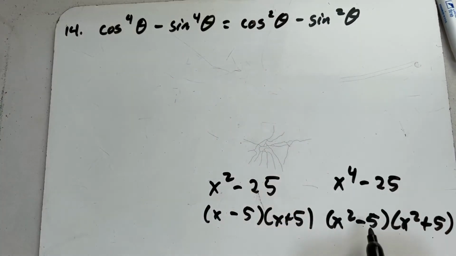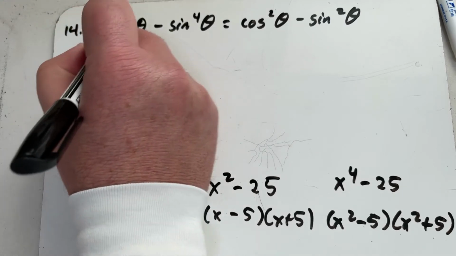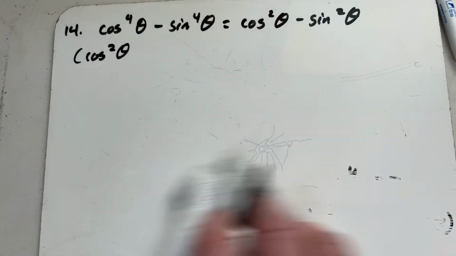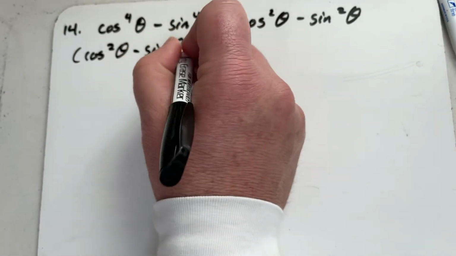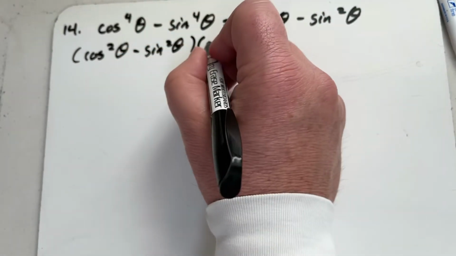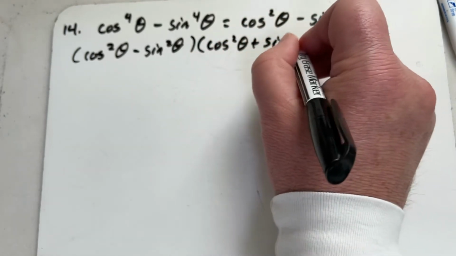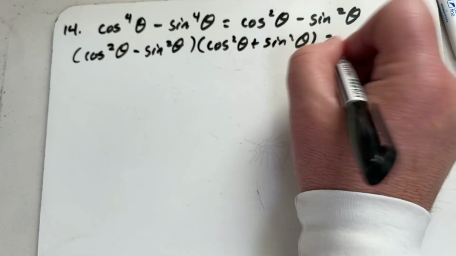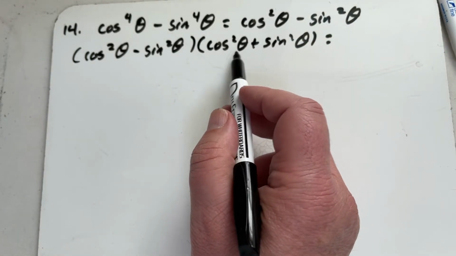So we're going to have cosine squared minus sine squared. Hey, there's our answer. And we're going to have cosine squared plus sine squared. Cosine squared plus sine squared, that is our Pythagorean identity.